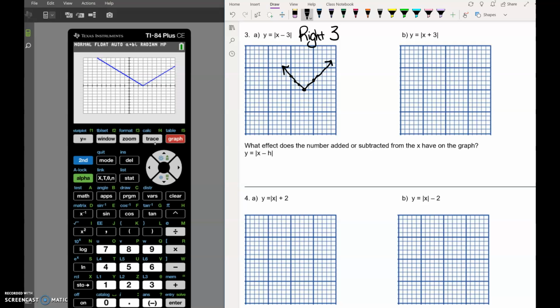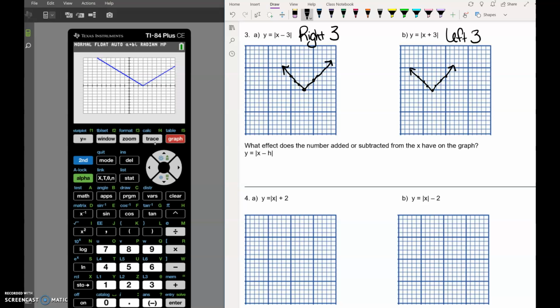Is it kind of weird that -3 shifted it to the right? It's kind of backwards. So what do you think a +3 is going to do? It's going to shift it left 3. And if you want to take the time to check that, you absolutely can. But if you trust me that it shifts it left 3, you can trust me that it does shift it left 3. Basically, what you want to remember is that whatever happens inside those absolute value bars is kind of like backwards crazy town.